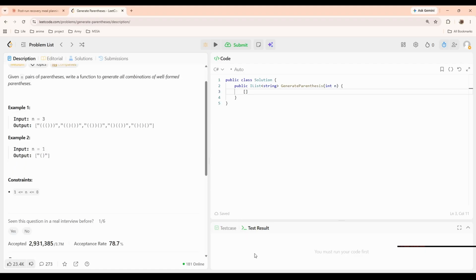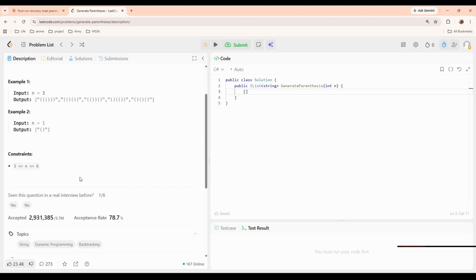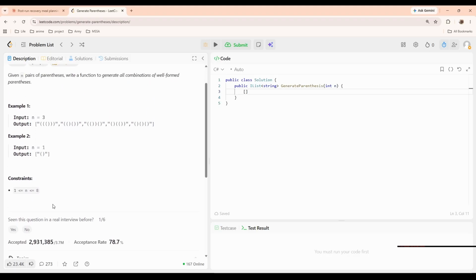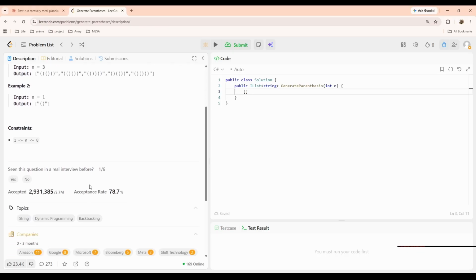So let me think. I have no idea what entails backtracking, like tracking backwards, some form of reverse engineering type of idea. But I don't quite grasp what that looks like. Knowing that there may be some sort of recursion and dynamic programming and string, and that this is a medium problem, which I think might be the first one on the channel, I want to say there's gotta be a string builder as part of the solution.